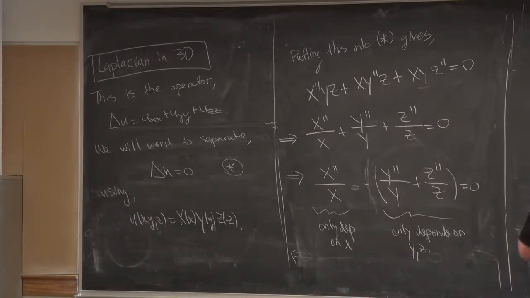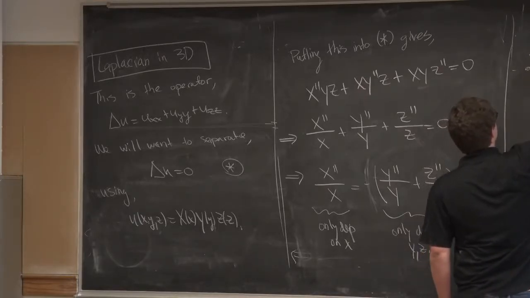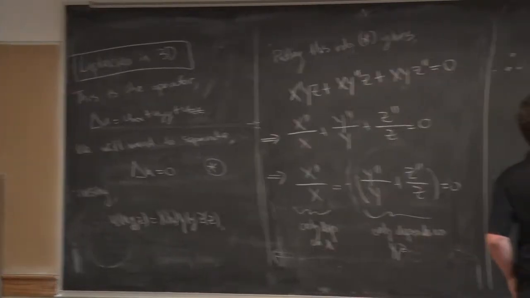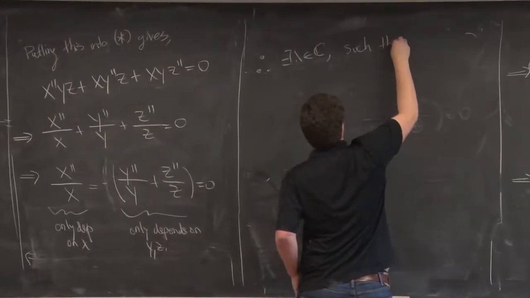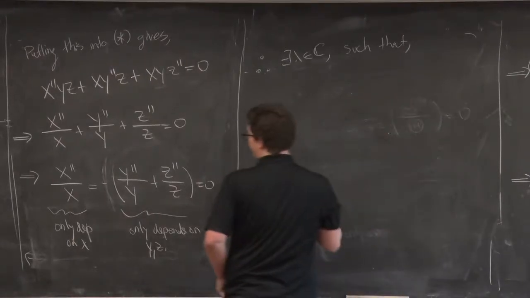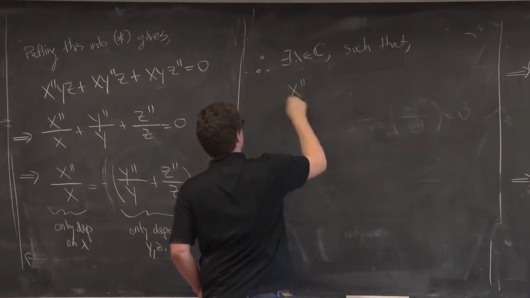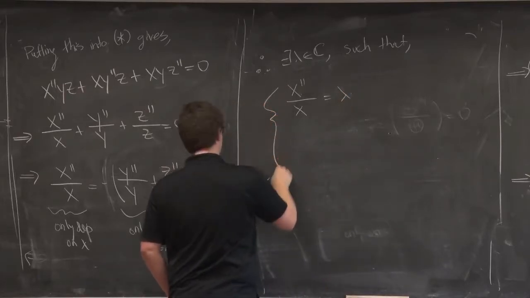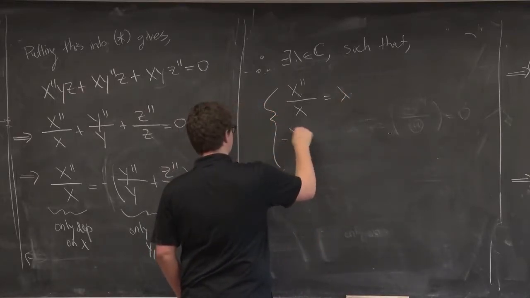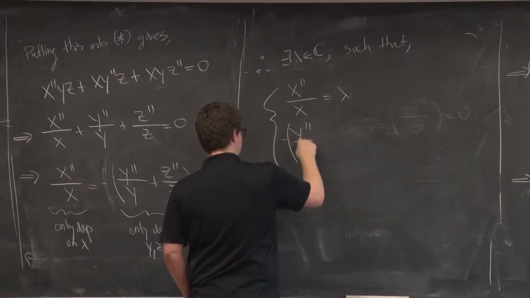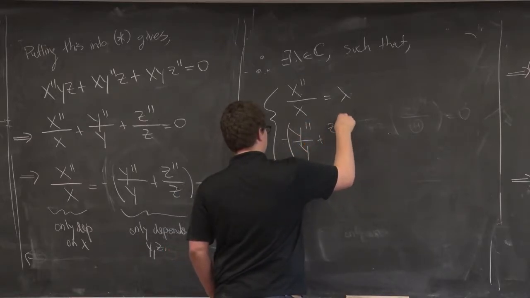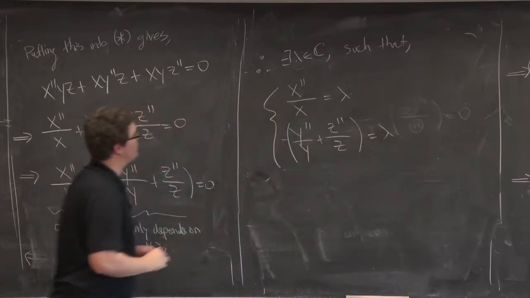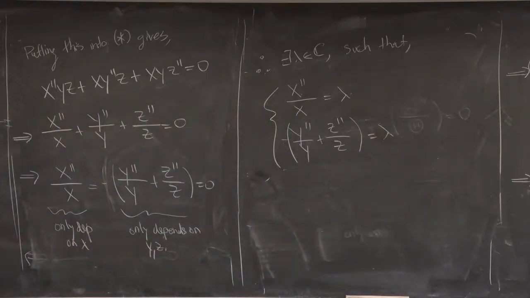So therefore, there exists some lambda complex number such that we have the following 2 equations, right? And we have that minus, we have something like this. Okay?